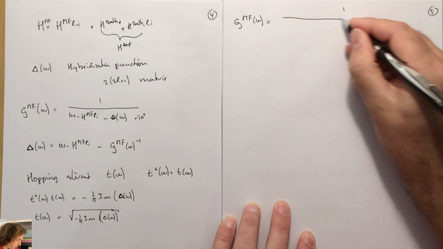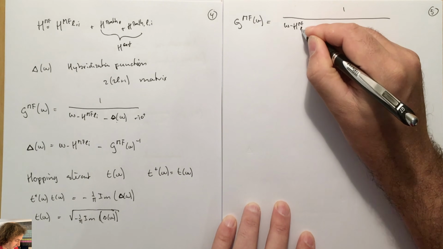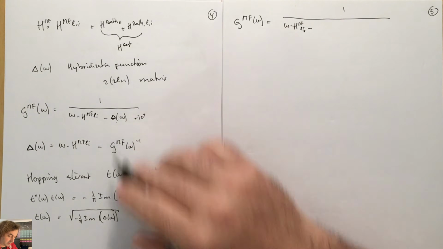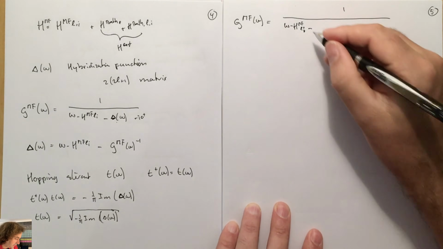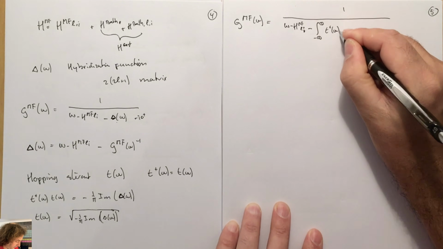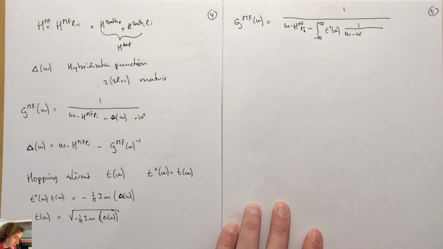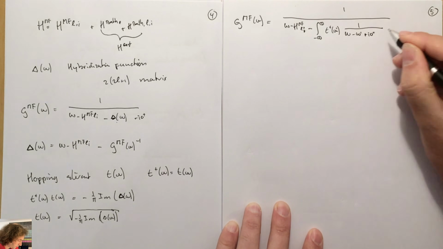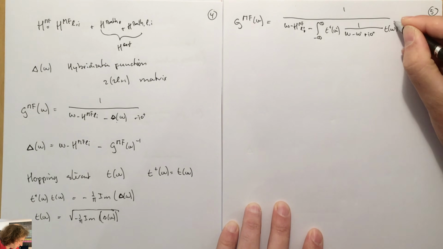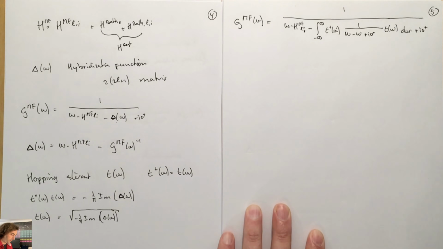Then this is 1 over omega minus our mean field Hamiltonian acting on the L shell at site I, minus, and then instead of delta of omega we can now use that this is equivalent to hopping to a bath site at energy omega prime with hopping amplitude T. And of course our small imaginary part.